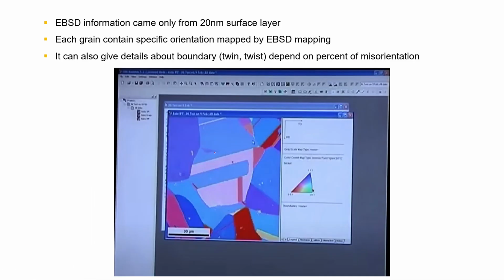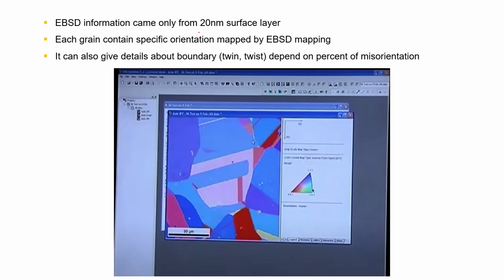So this is one example of your EBSD pattern, where these different colors represent the different orientations. These EBSD patterns come only from a 20 nanometer surface area. So they won't go very deep inside the specimen. They will only come from the very upper surface.